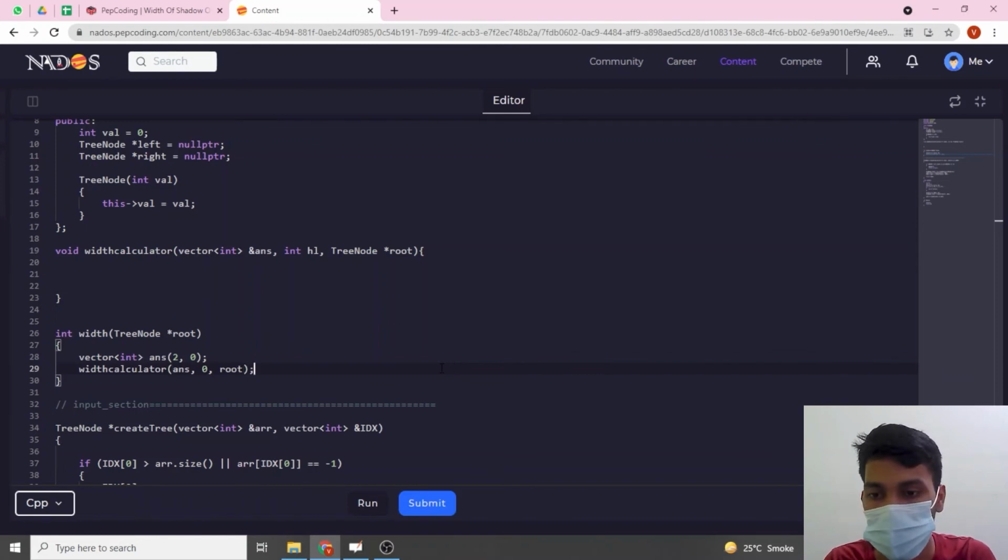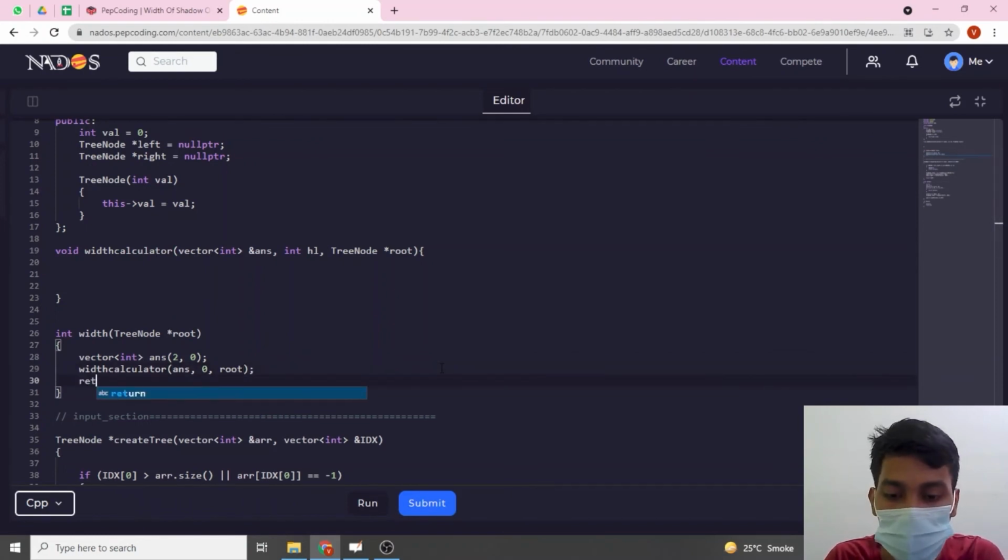After passing the root node, we are going to return from here our answer: at the first position, minus answer at the 0th position, plus 1. Why are we doing this?